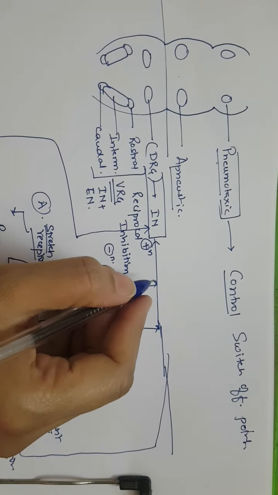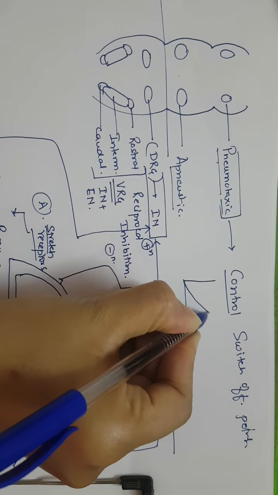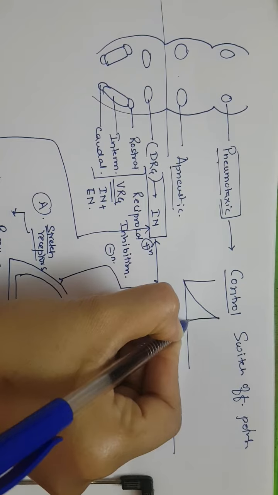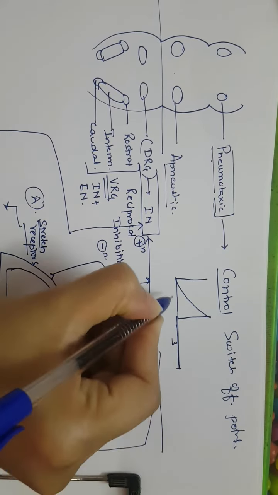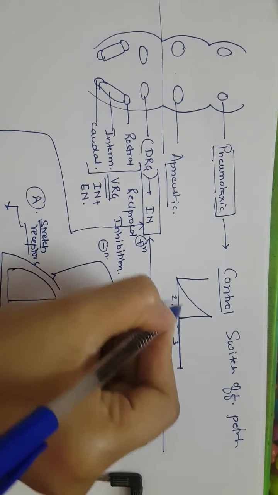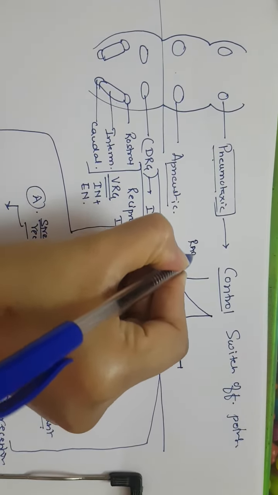So what does this pneumotaxic center do? As I told you, there is a slow rise of inspiration and abrupt stoppage of impulse, which is there for 3 seconds, and this is a ramp signal.